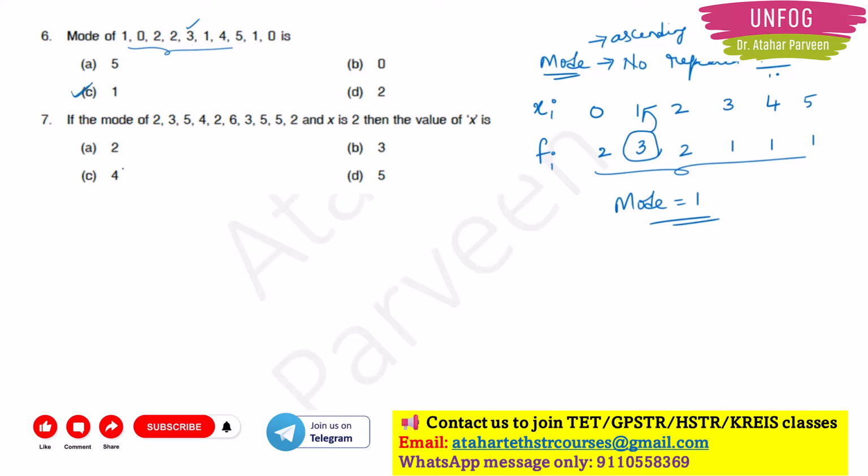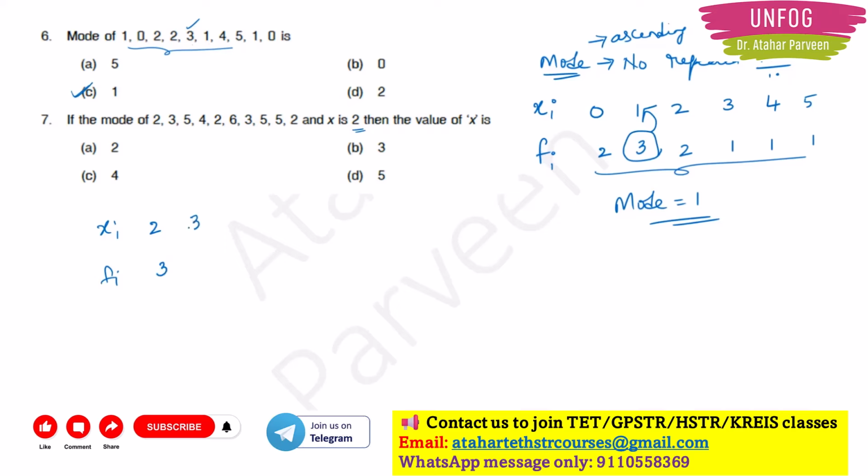Okay. Next, question number 7. If the mode of 2, 3, 5, 4, 2, 6, 3, 5, 5, 2 and x is 2, then the value of x is. For this also we will have to write the frequency table. xi, then fi. We will not repeat the numbers and we will write them in ascending order, right? So 2, how many times is it there? 3 times.